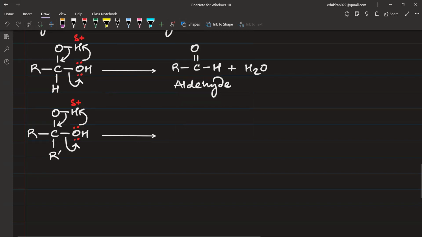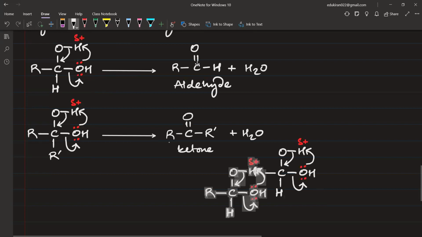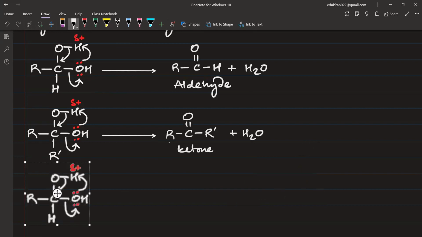Now, the same thing is happening, but instead of that hydrogen, we will have R bonded to C double bond O, bonded to R dash. Now, this is what? Ketone plus water, right?